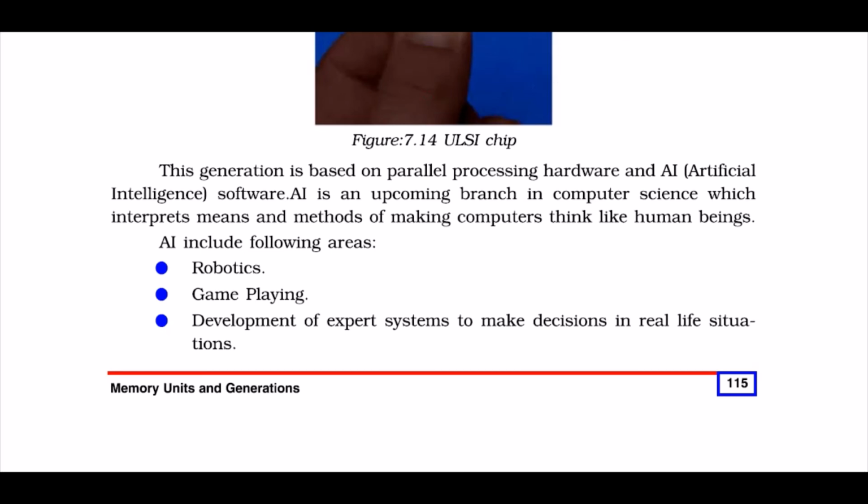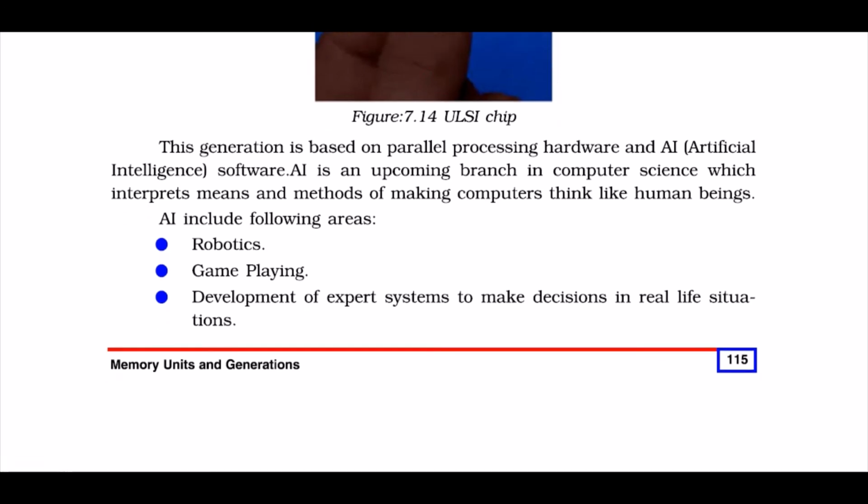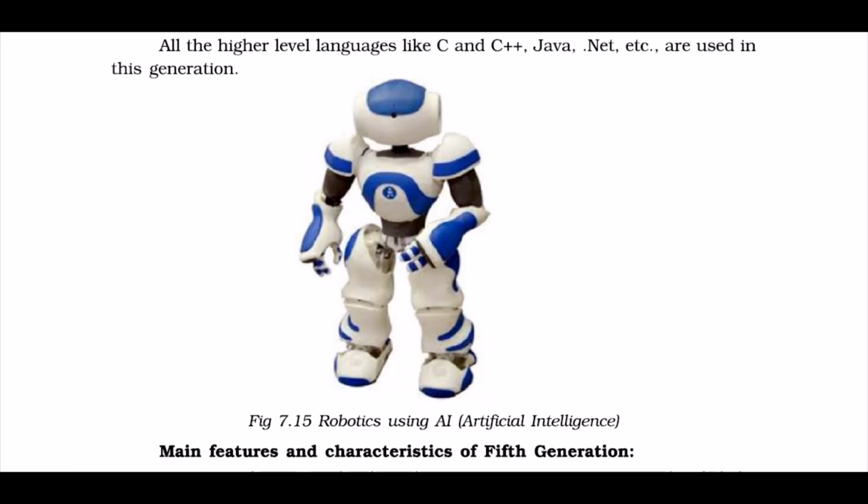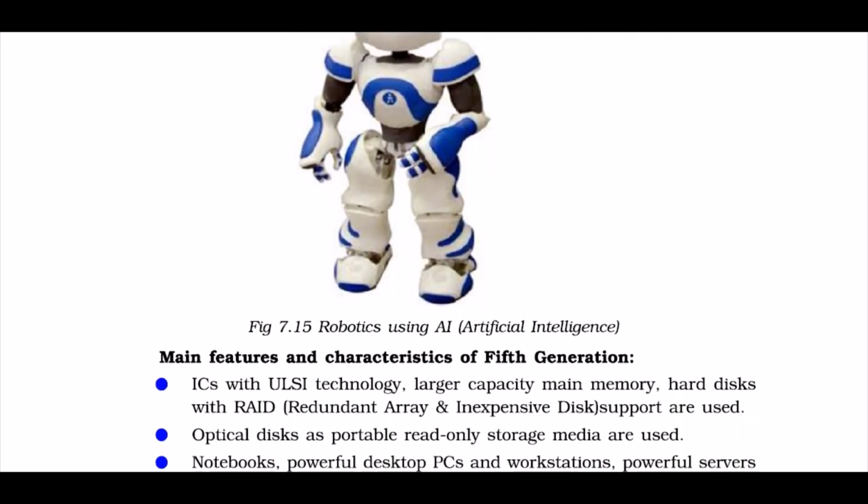The programming is designed to make machines think. This gave way to robots, game playing, decision making for machines, and natural language understanding. You say a command and it will obey. All higher level languages were used.